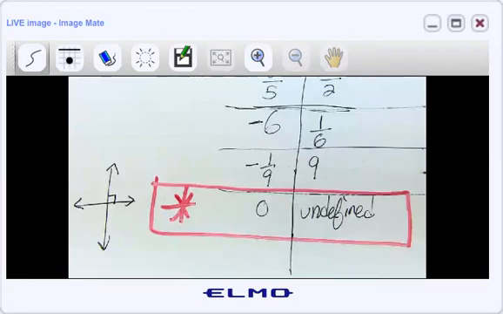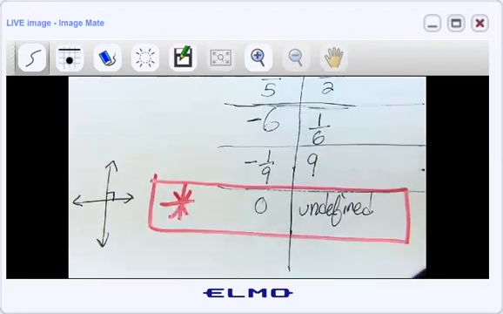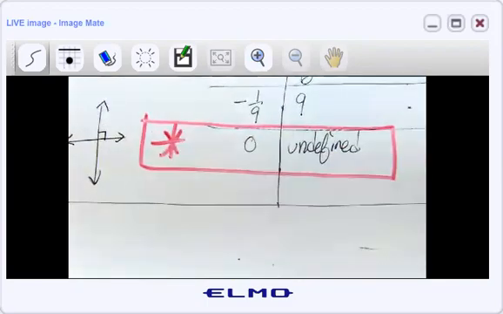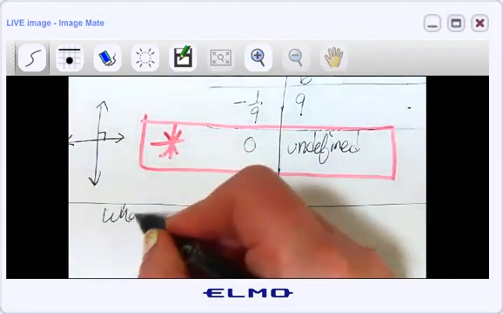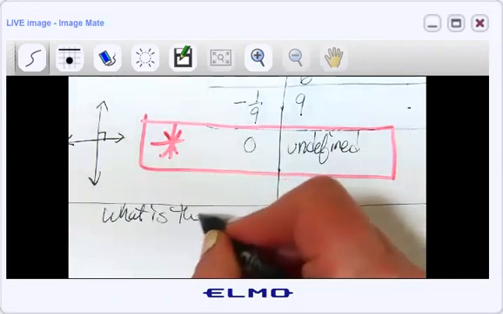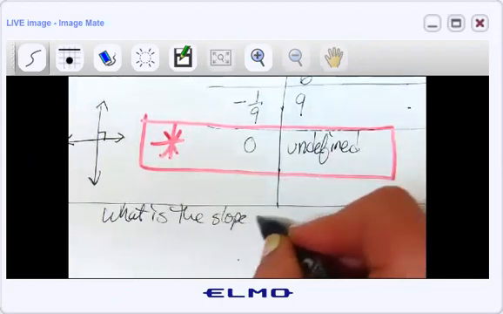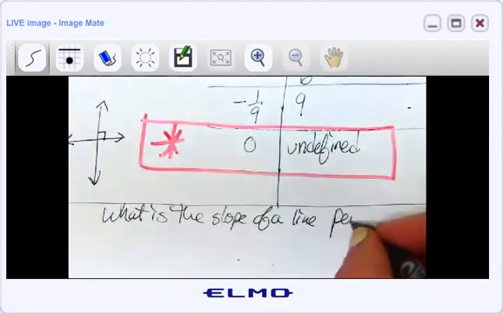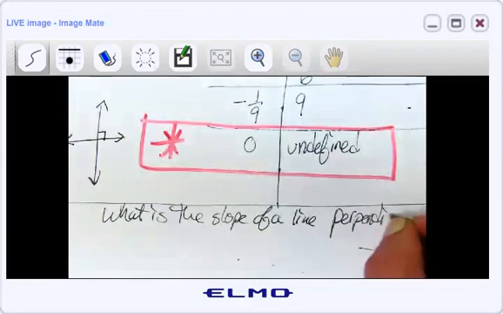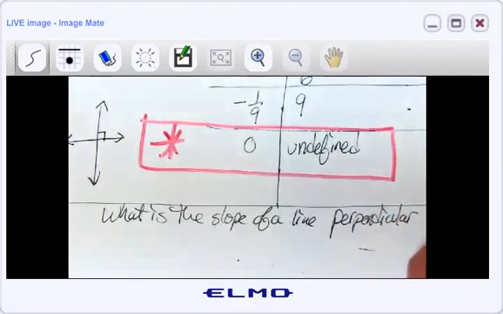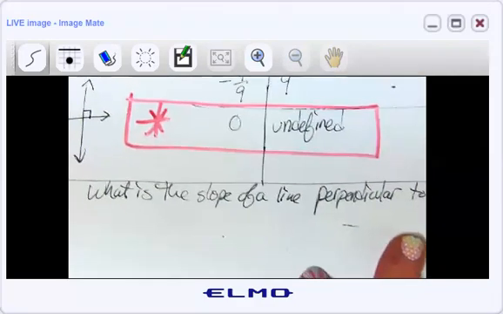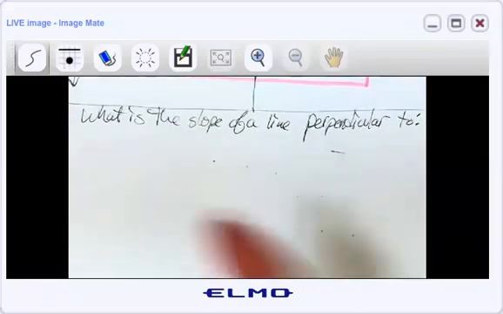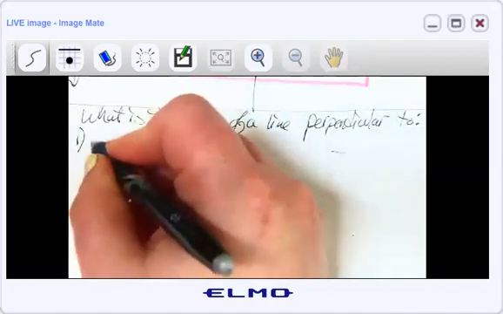All right. So just like I did with parallel, I'm going to ask you the same things. I'm going to give you an equation, and now you tell me what is the slope of a line perpendicular to the following. All right, so we'll do a bunch of examples again. So we'll start off easy.